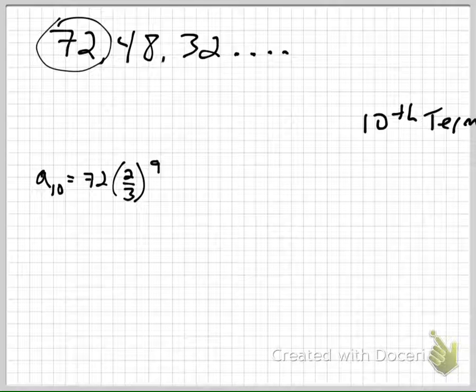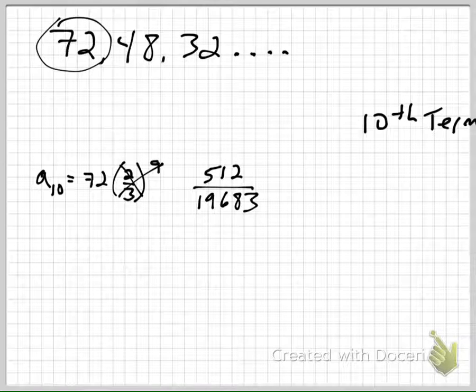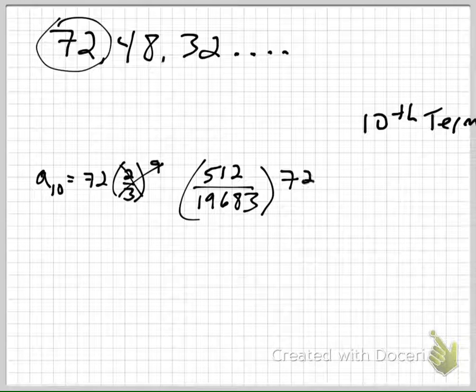What's 2 to the 9th power? 512. Over what's 3 to the 9th power? 19,683. And we multiply that by 72 over 1.